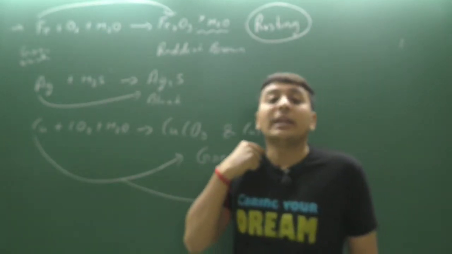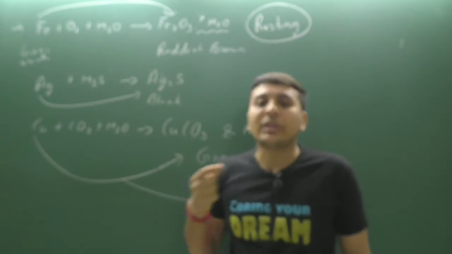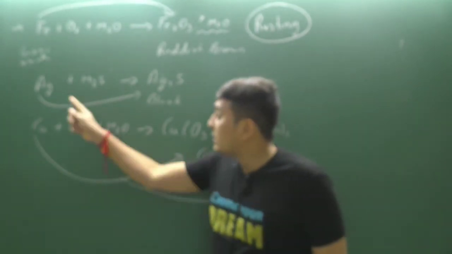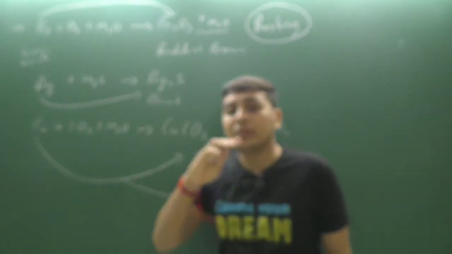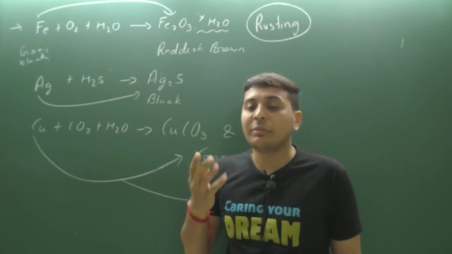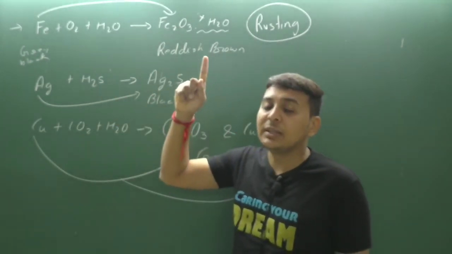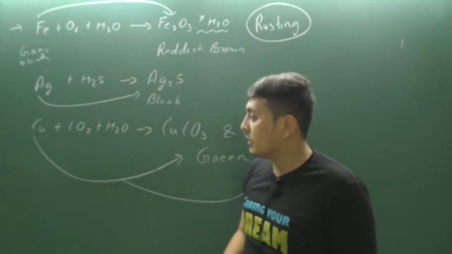If we are wearing any silver ornaments, for example a ring or a chain, then in the long term silver gets converted into black color. A black layer is found on the silver ornaments. Why? Because silver reacts with hydrogen sulfide present in the atmosphere and forms silver sulfide.